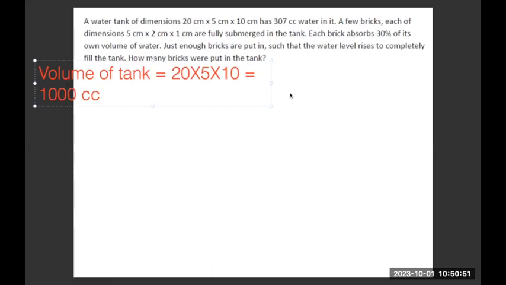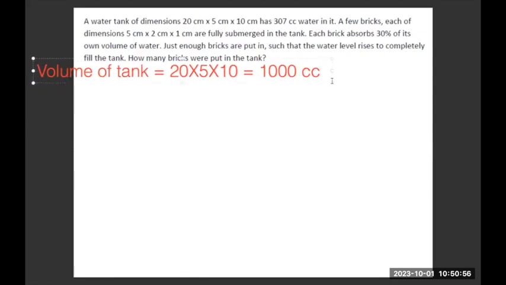Let me write. Okay, so the volume of tank, simple, is 20 by 5 by 10, which will equal to 1000. Yeah, 1000 cc. Next in line, I'm given volume of water, which is 307 cc.